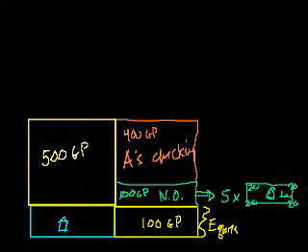Someone else who trusts A says, let's call them person B. So if it's good enough for A, it's good enough for B. So let me put my money into this bank as well, and I want to do a similar type of transaction as A, although maybe they don't have as much money. So let's say they have 200 gold pieces. So let me draw that on the left-hand side first.